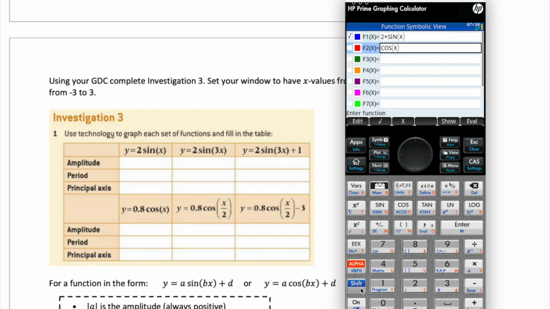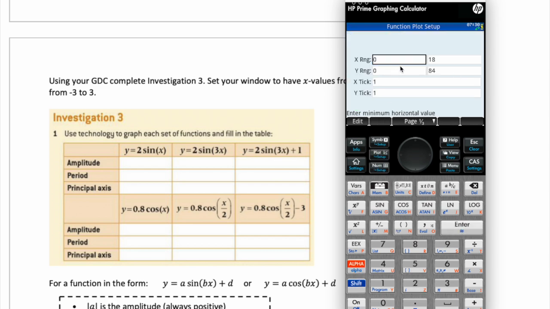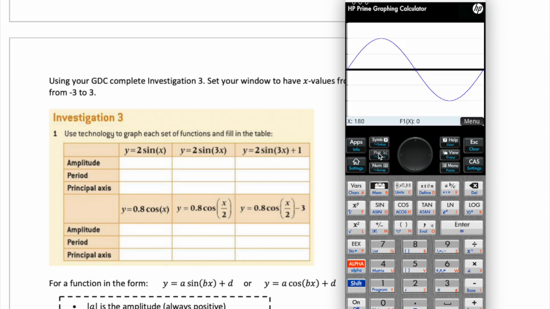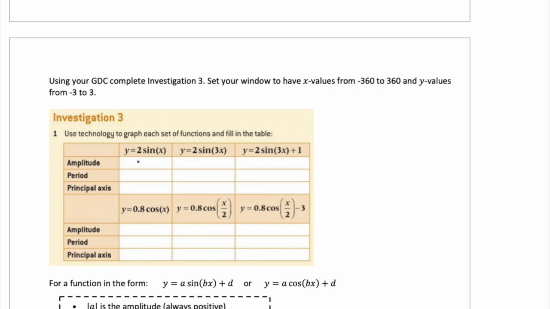Okay, and I'm going to change my plot to go from 0 to, let's say, 360. And the y values, I'm going to go from -3 to 3. Okay, so if you plot it, you can see that it goes up to 2. That makes sense. If you stick a 2 in front, that's like a vertical stretch by a factor of 2, so the amplitude should double. So it's 2 for each of these.